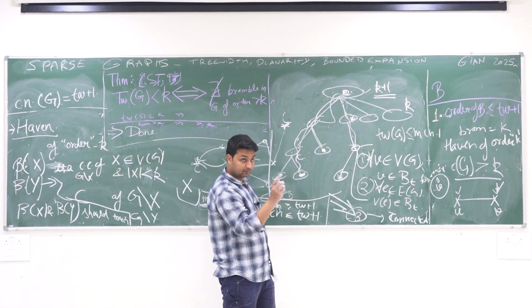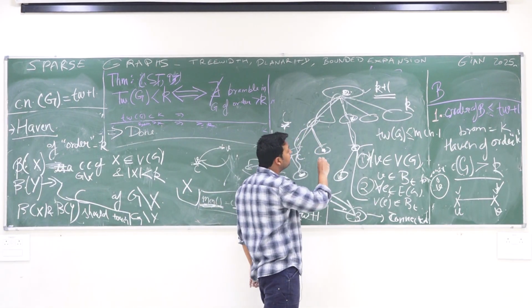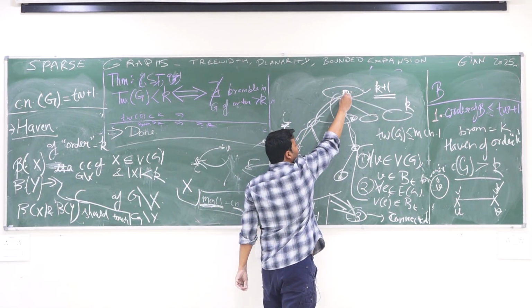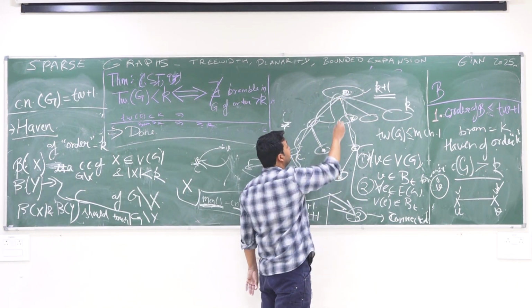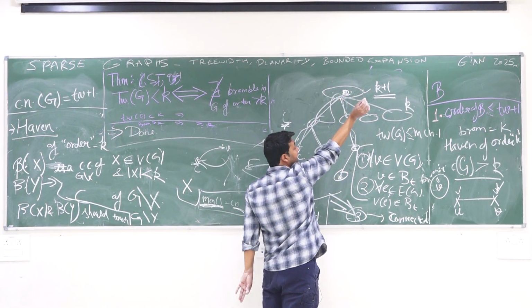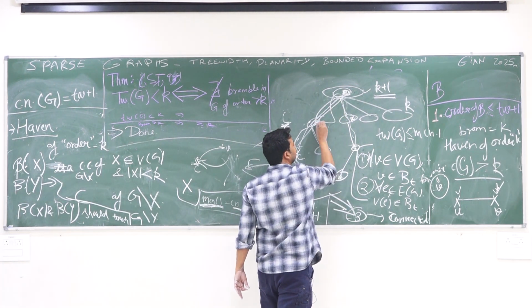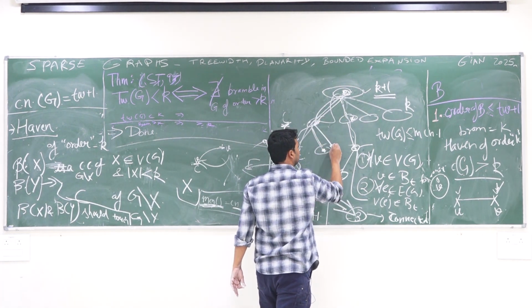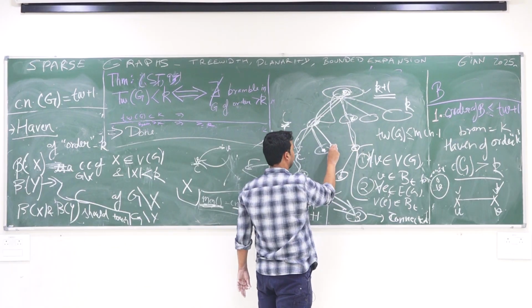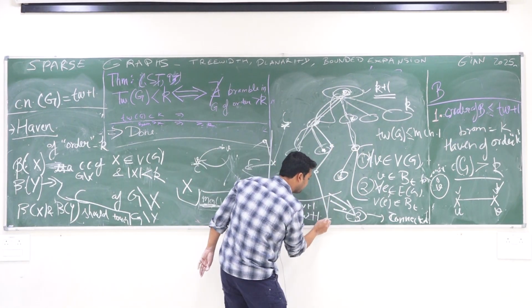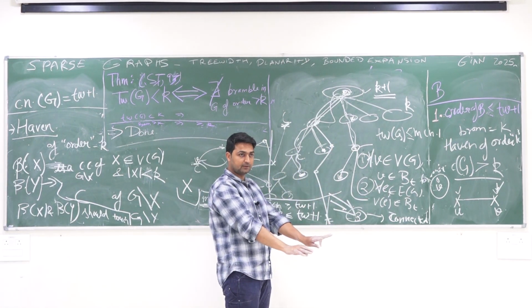Also, let me say this. What does this tree signify? This tree signifies the strategy. I do something, the robber does something, I go in one direction. If the robber does something else, I go here. By the time I reach the root, the robber is captured.